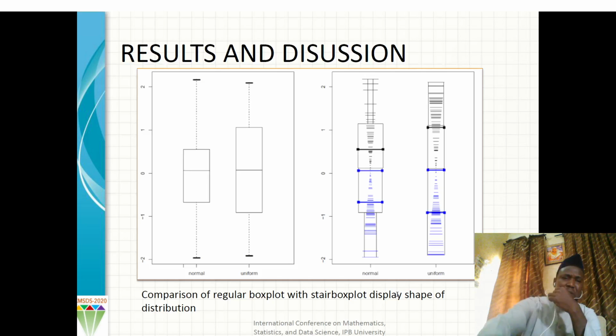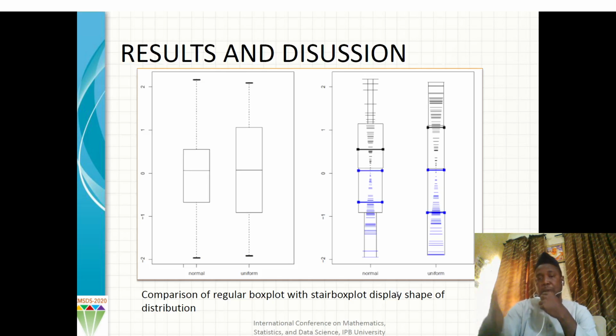You just see the difference in center and spread. But in the Stairbox plot, we can see that the quad bins in the middle are symmetrical, while the quad bins in the lower part are also symmetrical. So we can see a little bell shape, or oval shape, that demonstrates the shape of a normal distribution.